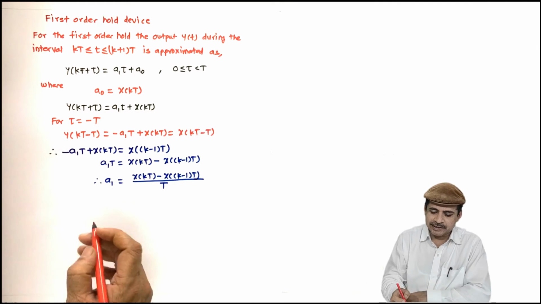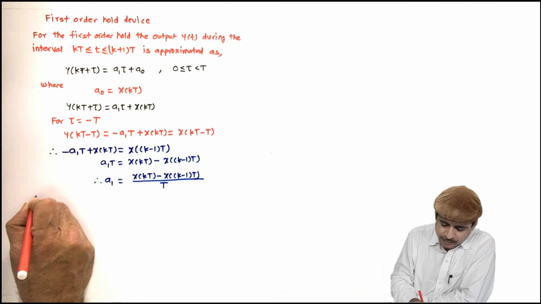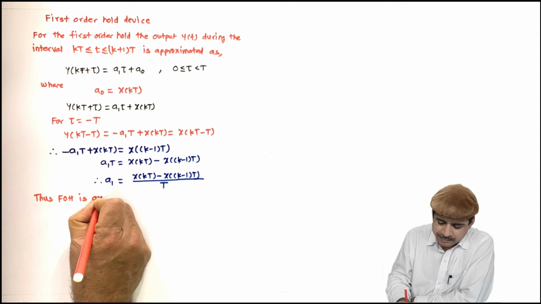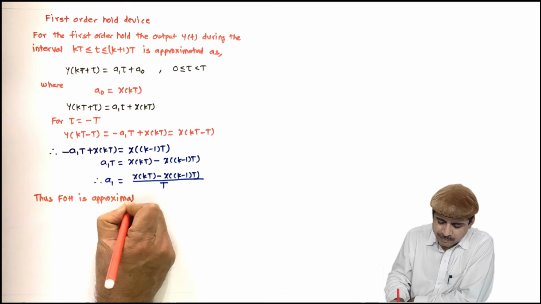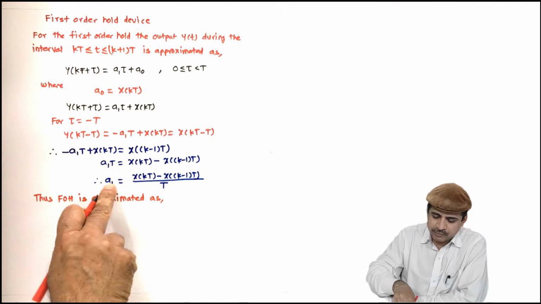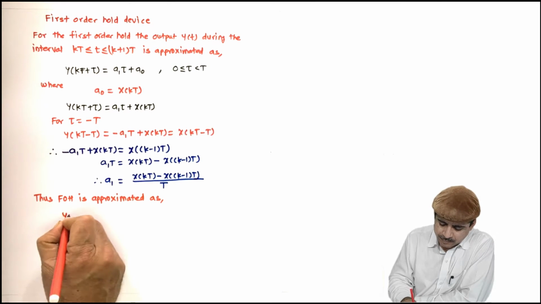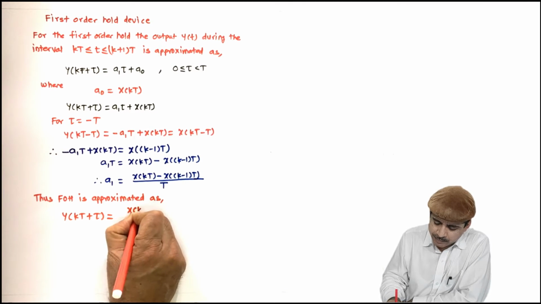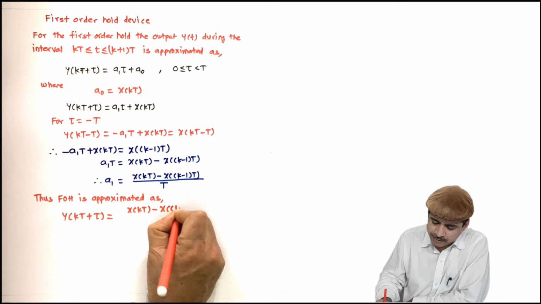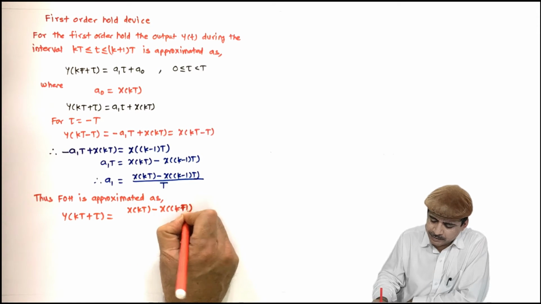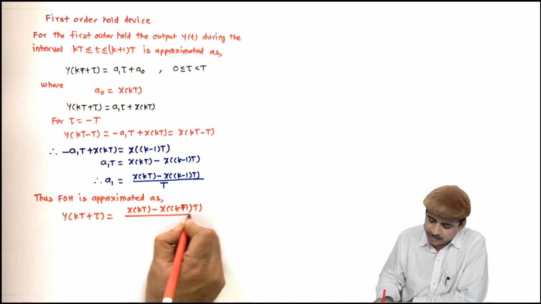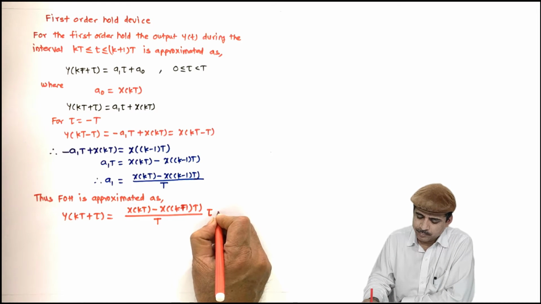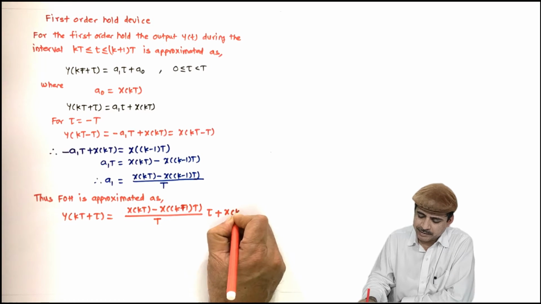So using this, the first order hold is approximated as, put this value here, y of kT plus tau is equal to x of kT minus x of (k minus 1)T divided by T, this is a1, into tau plus x of kT.